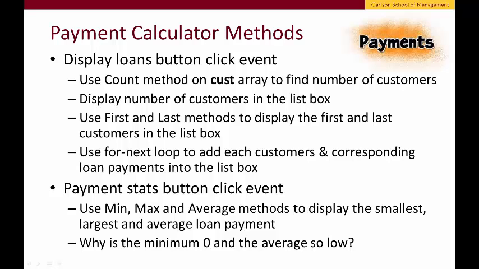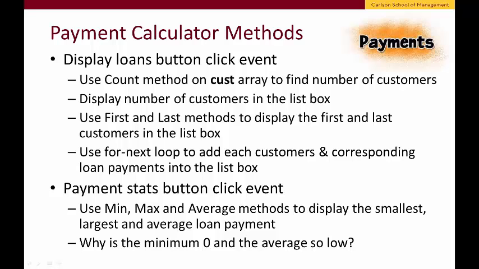So back to our payment calculator project. What we want to do is, in the display loan button click event, again demonstrate the count method as well as the first and last methods, and then also use the for next loop that we already created to add these customers into the lst payment or lst loan list box.